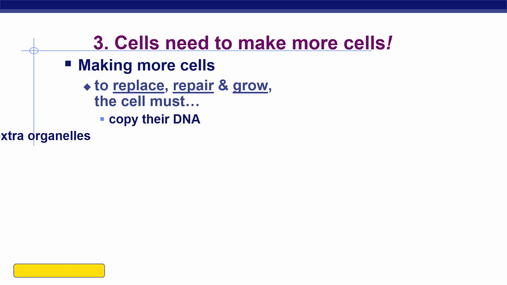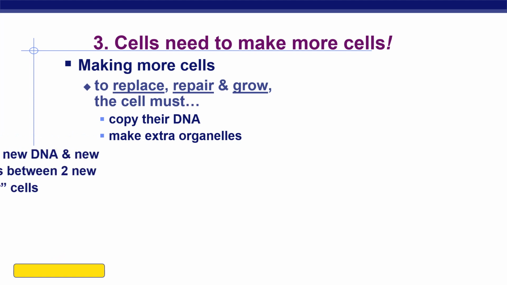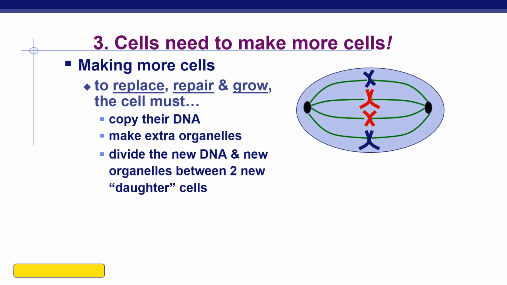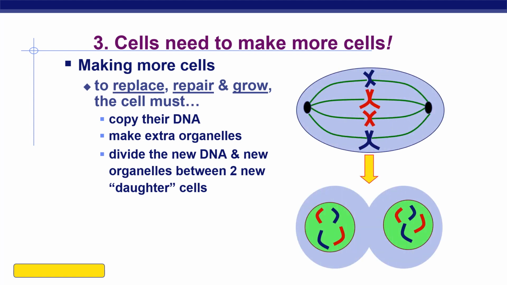The cell must copy its DNA, make extra organelles, and divide the new DNA and the new organelles between two new daughter cells. So later on, we shall be having what we call the cell division. We shall also be discussing all about mitosis and meiosis.